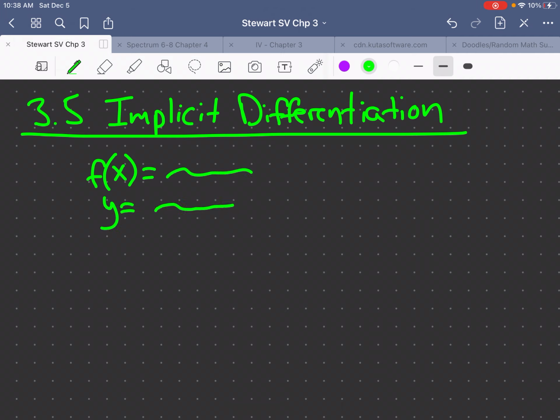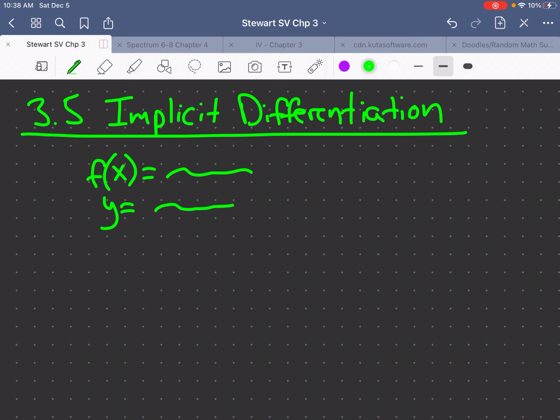Now, there's this whole other category of problems that are not easy to reduce down to simply a function of x or to get y by itself. And so we need to be able to find derivatives of more complicated functions or relationships so that we can find slopes of tangent lines for any type of relationship.